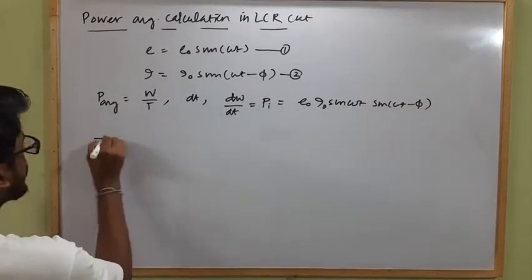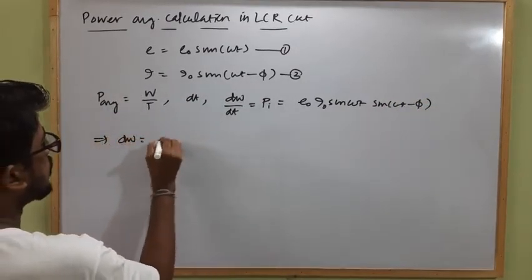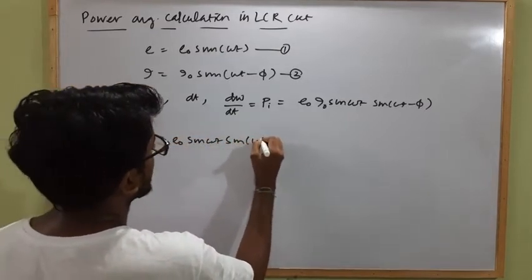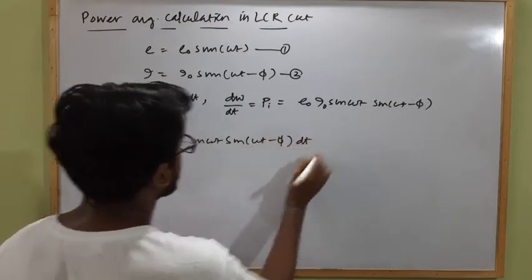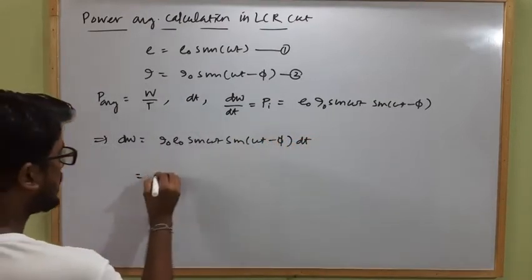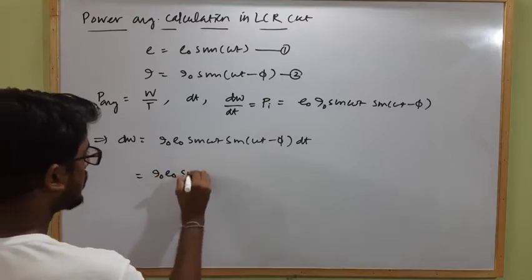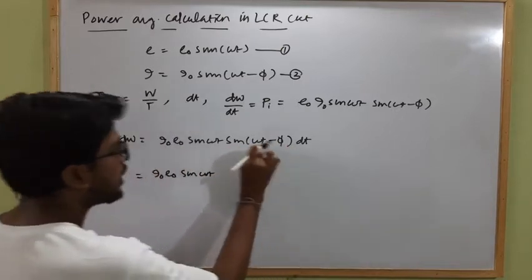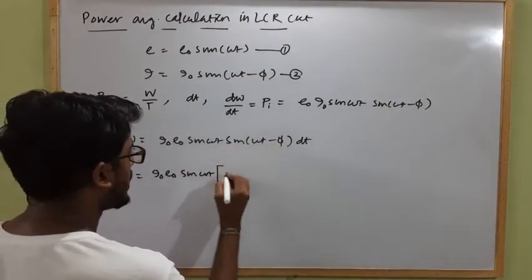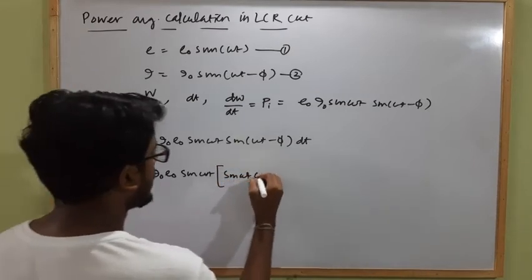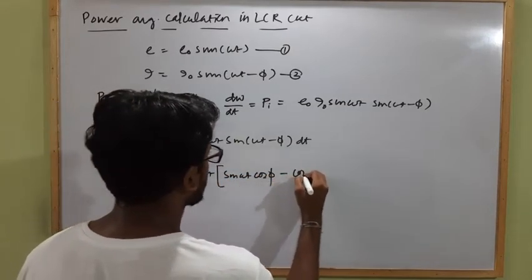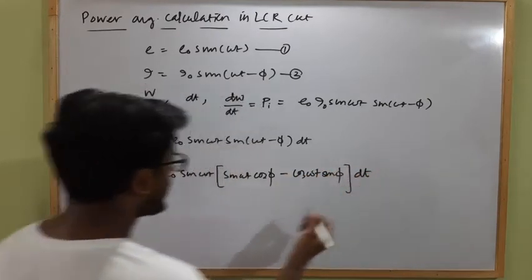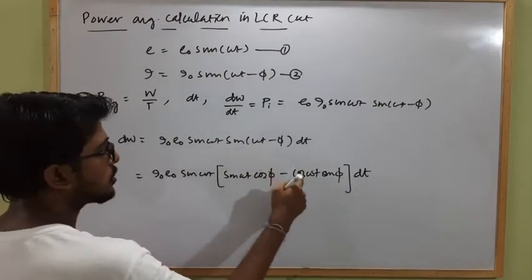So this implies you will get the small amount of work done, dw equal to I naught E naught sin omega t into sin omega t minus phi into dt. It will be sin A minus B, so this can be written as sin A into cos B minus cos A into sin B dt. Clear? Sin A into cos B minus cos A into sin B.